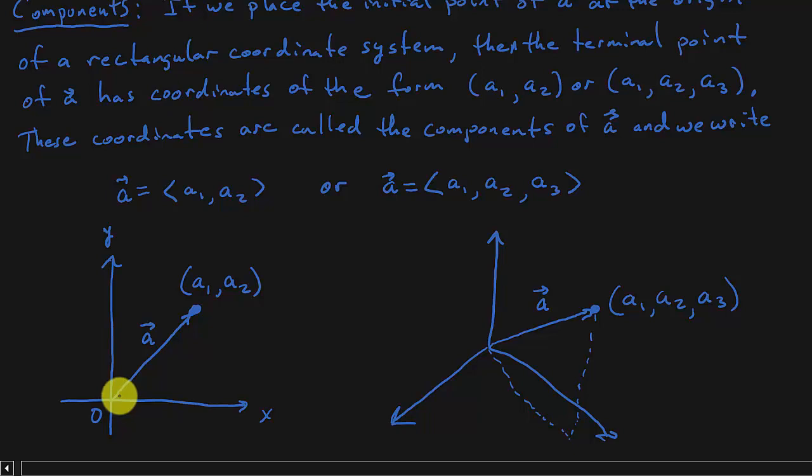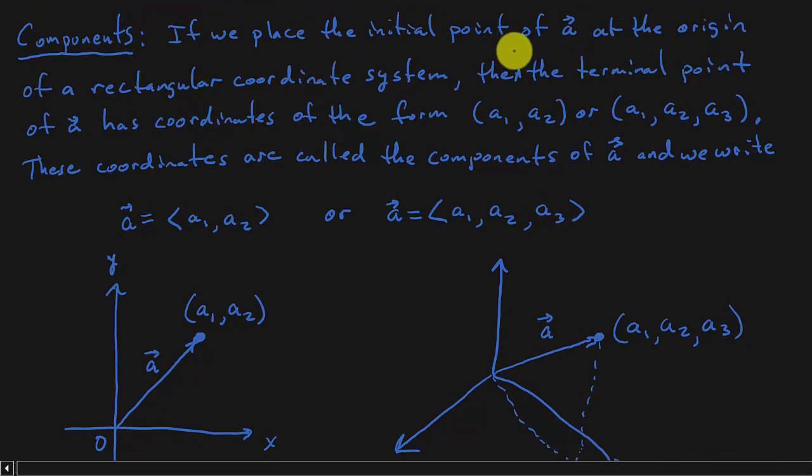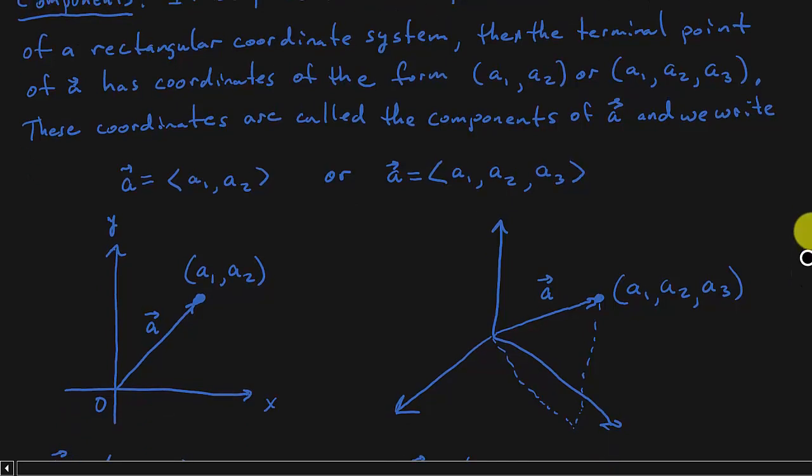We place the initial point of A at the origin of a rectangular coordinate system. Then the terminal point of A has the coordinates of the form A1, A2. We move on the x-axis A1 units, and we move on the y-axis A2 units. Or it has coordinates A1, A2, A3, depending on if we're in 2 or 3 dimensions.